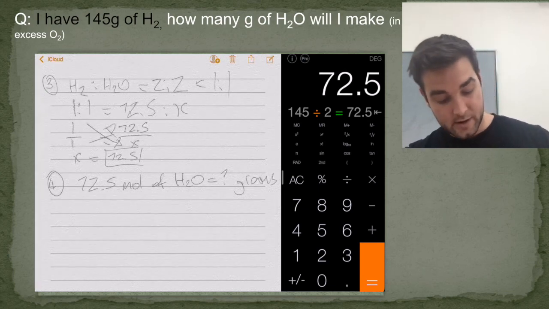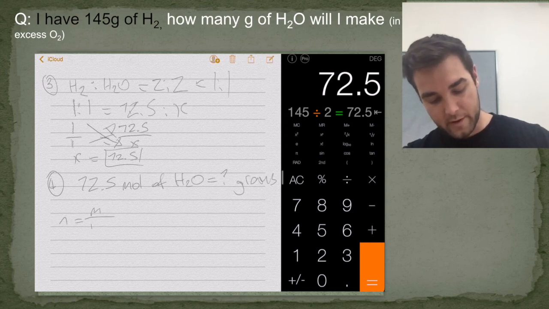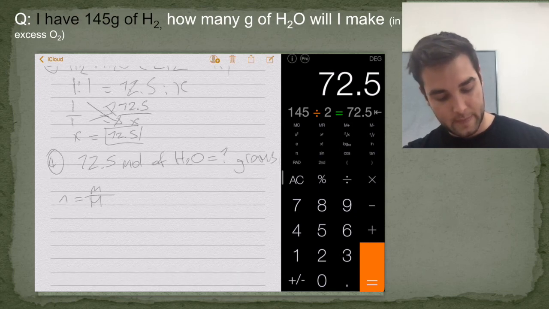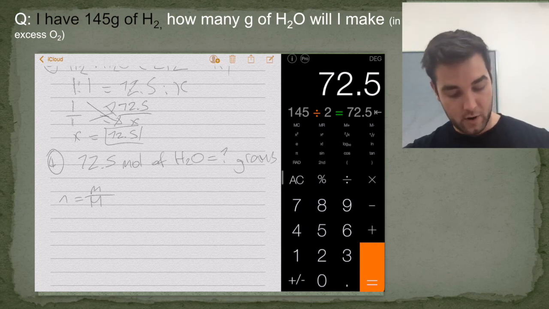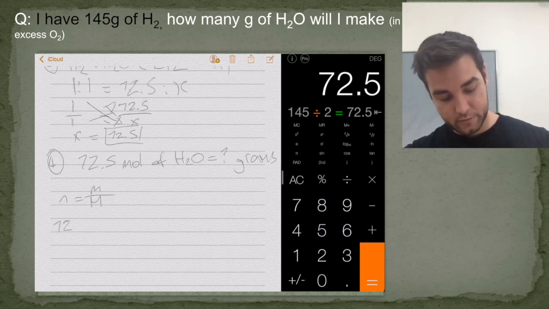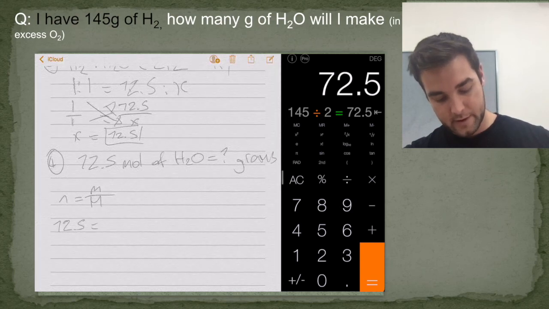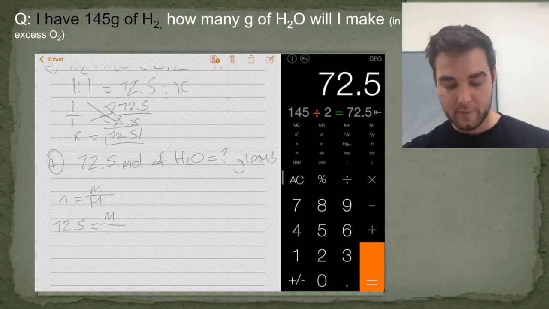Let's do it. Moles equals mass over molar mass. Yep, good so far. Moles equals 72.5, divided by mass, which is unknown. That's what we're trying to work out, and our molar mass of H2O.